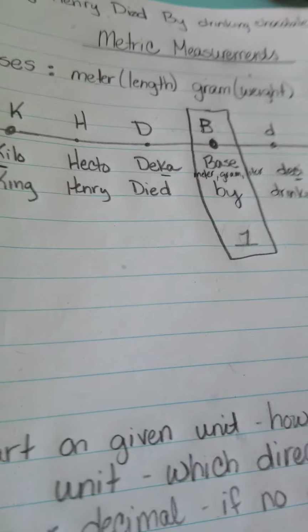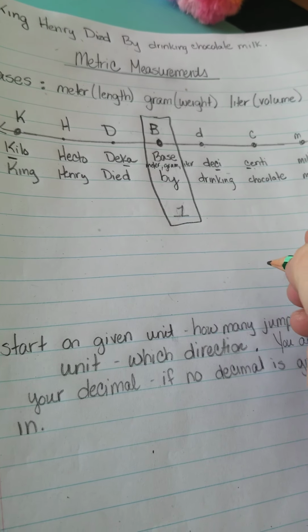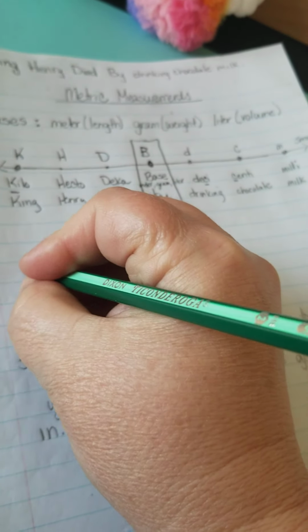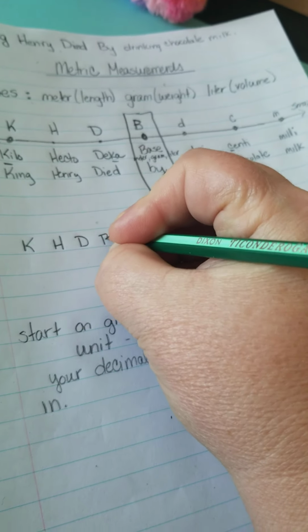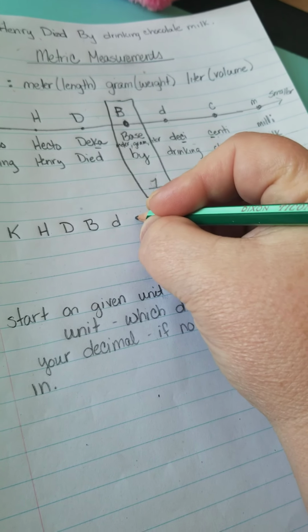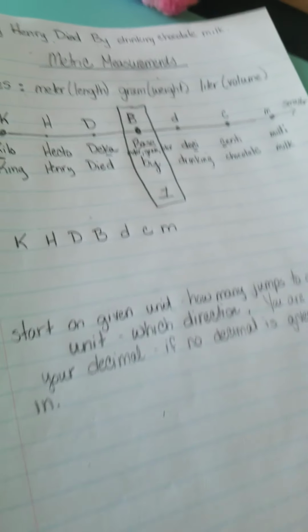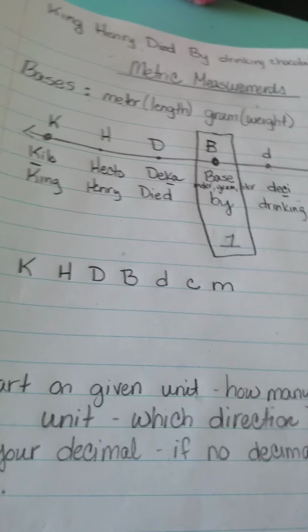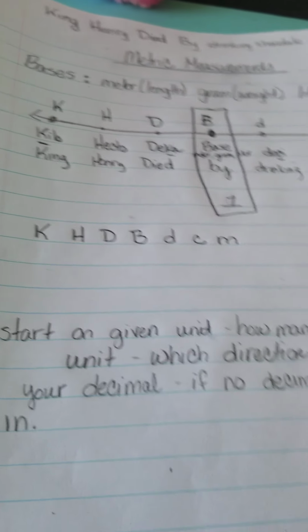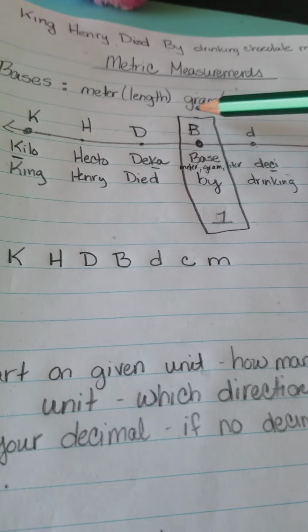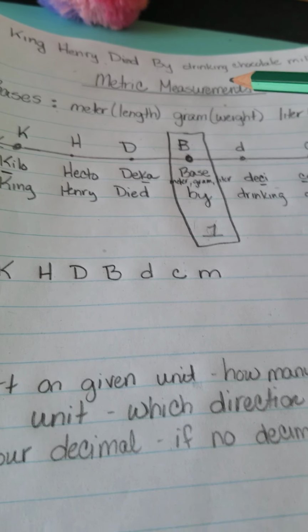All you need to do, okay, is write out the initials. King Henry died by drinking chocolate milk. Okay? Once you have that, you can start doing the conversions.